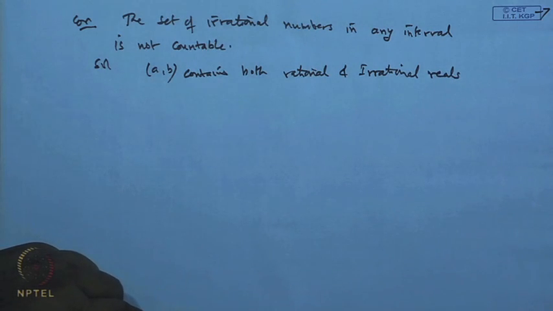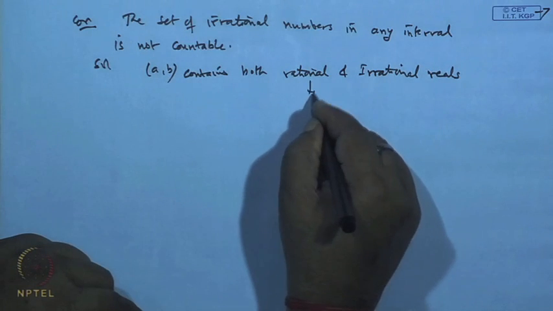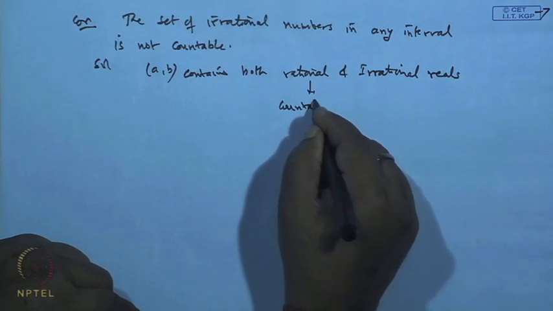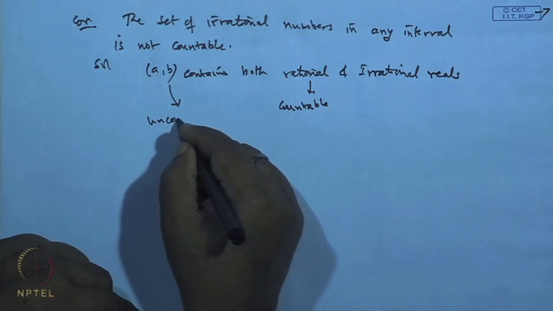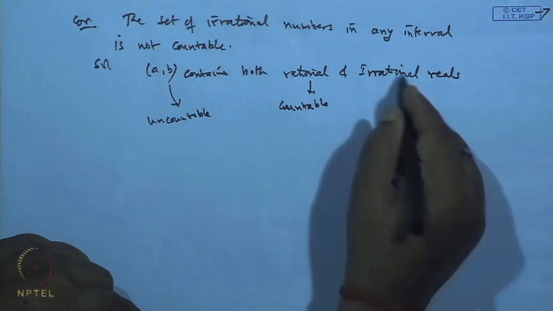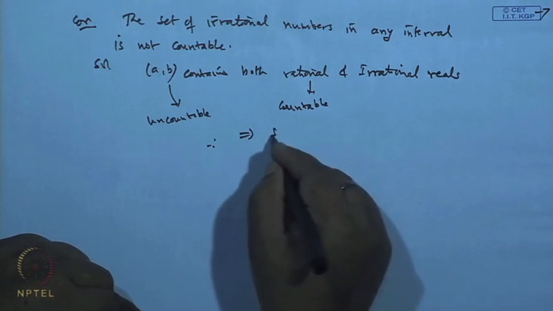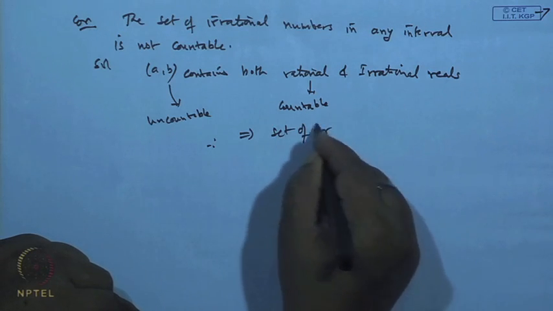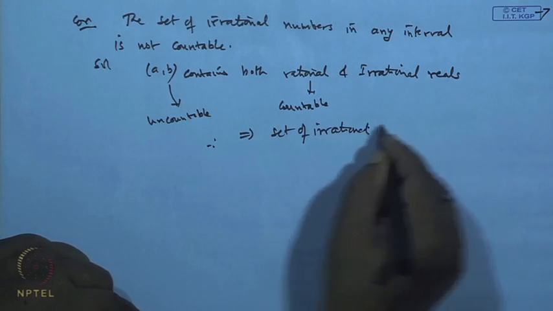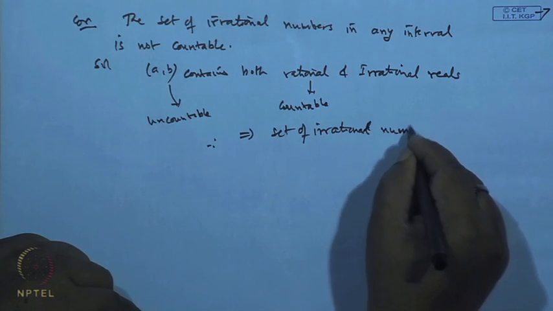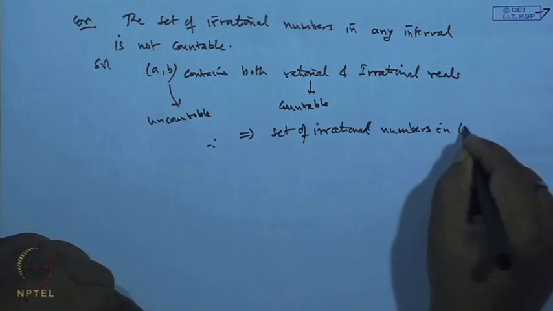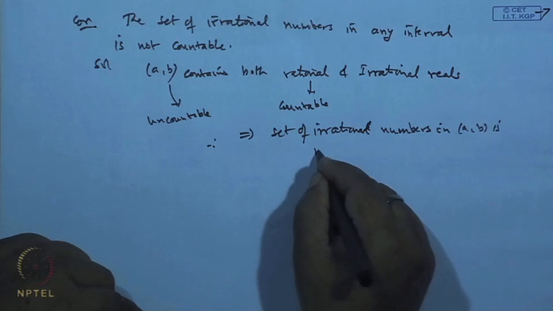Rationals are countable, this we have seen, while the reals are uncountable. Therefore, this implies that the set of all irrational numbers in the interval (a, b) is not countable.